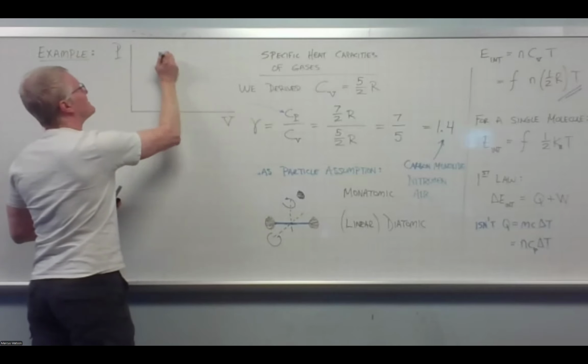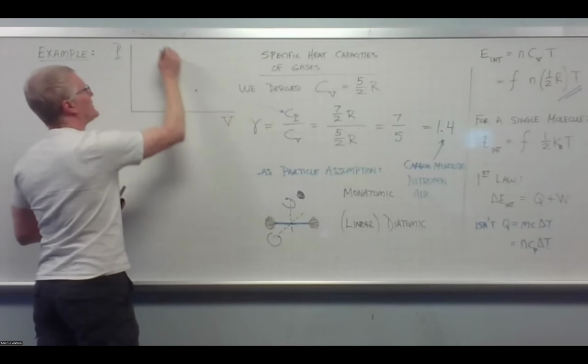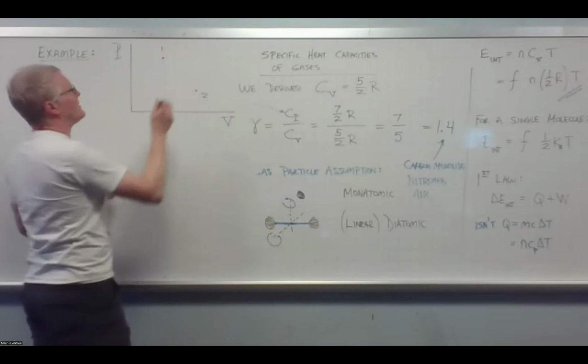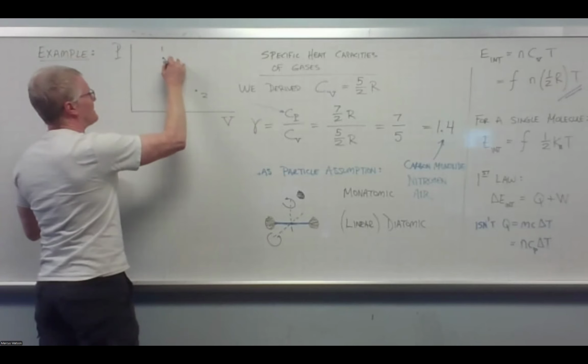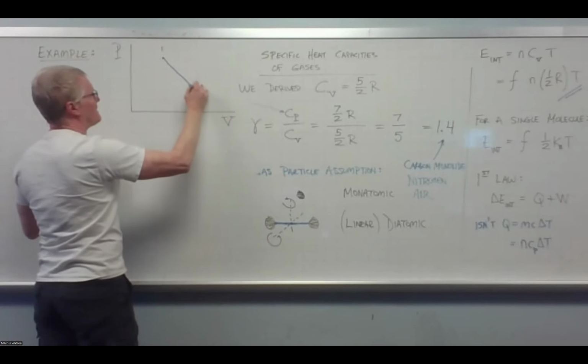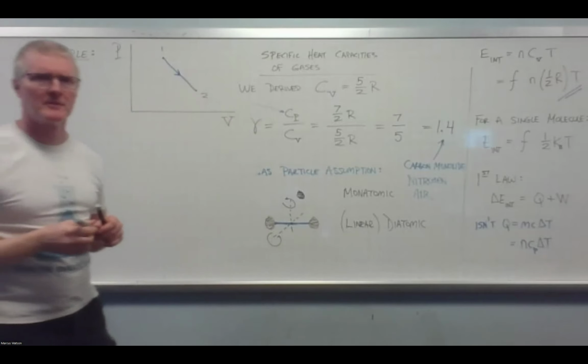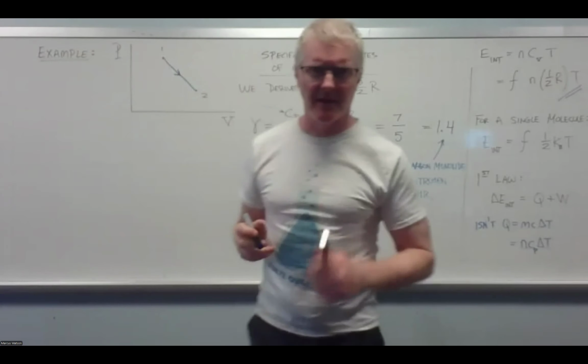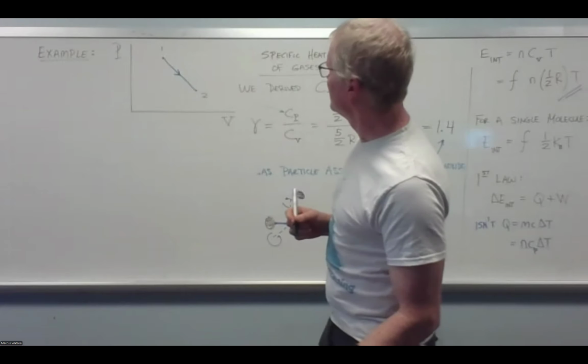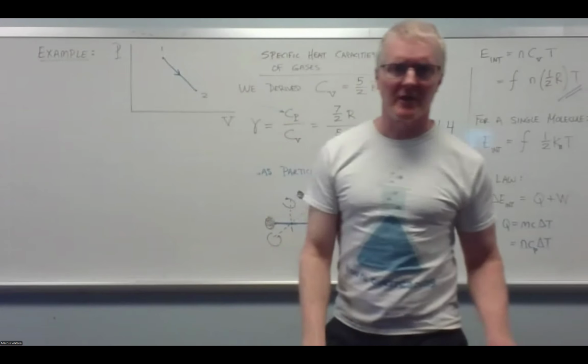And let's just, whatever, go from 1 to 2. I'm gonna go like that. It's supposed to be a straight line. It looks relatively straight. Close enough for government work.